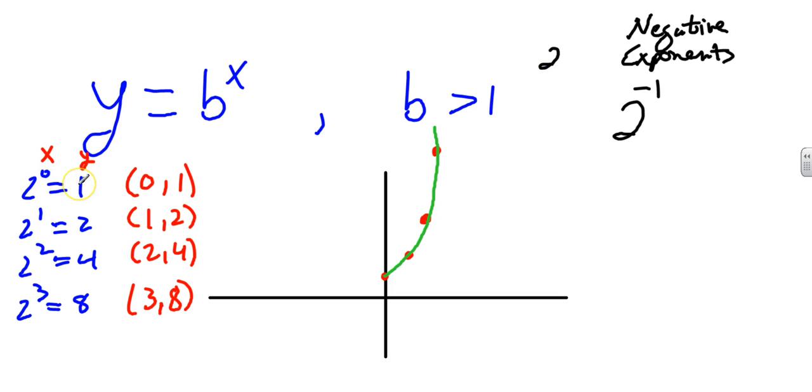If we walk back through this one in the other order, we were dividing by 2, dividing by 2, dividing by 2. If we had done 2 to the negative 1, we would take this answer and divide it by 2. So 2 to the negative 1 would be 1/2. So if we had x at negative 1, that would be 1/2, which would be somewhere about there.